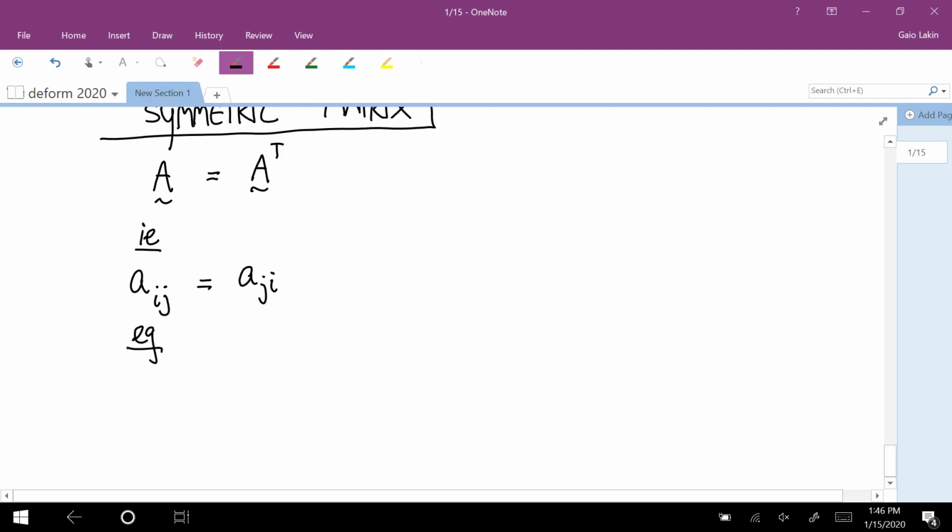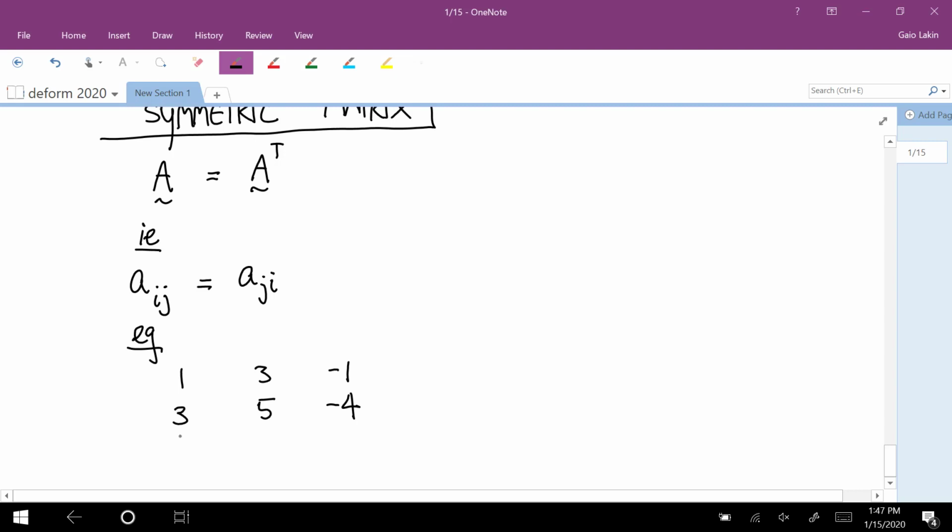So an example of this, I gave an example earlier, but let's say 1, 3, -1. Well, this 3 is the 1,2 element. That means that the 2,1 element also has to be 3. The diagonals can be whatever they want. And then let's say this is 4.